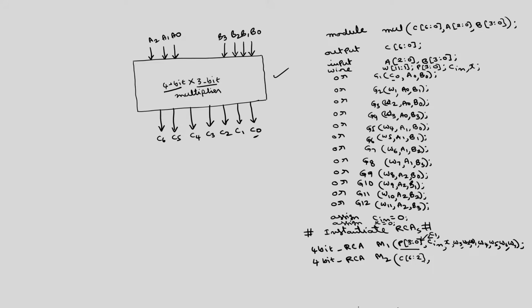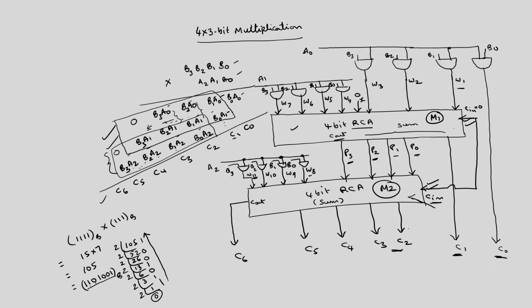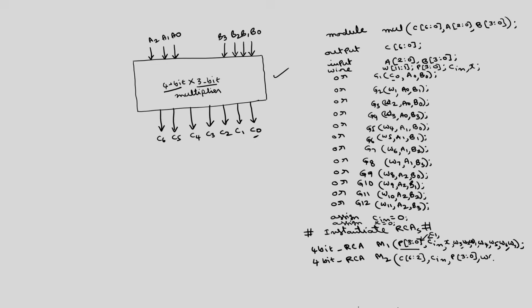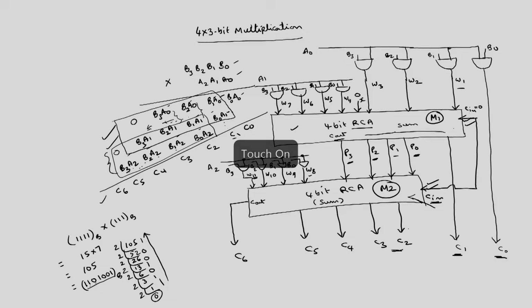These are the inputs. Cin is one input, then P3 comma 0 are the other inputs, then Cin, and we have W11 to W8. So, this will produce C6, C5, C4, C3, C2.